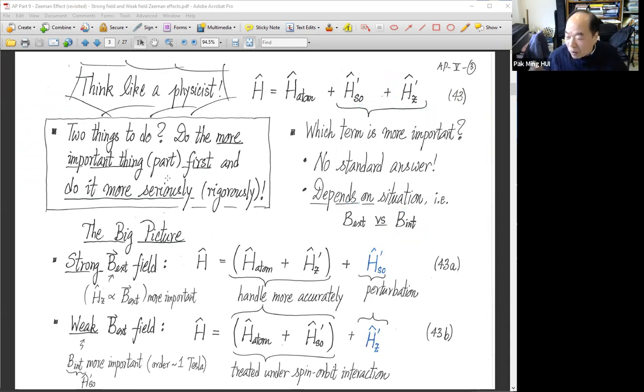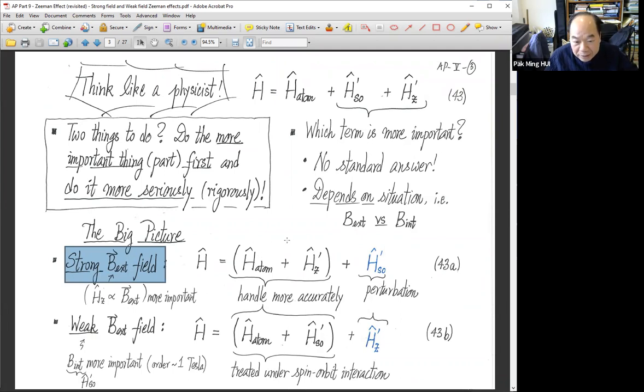So a logical approach, think like a physicist, is that it depends on how big the external field is compared with the internal field. That makes sense, right? So the big picture is, if you have a strong external field, then Zeeman is important.